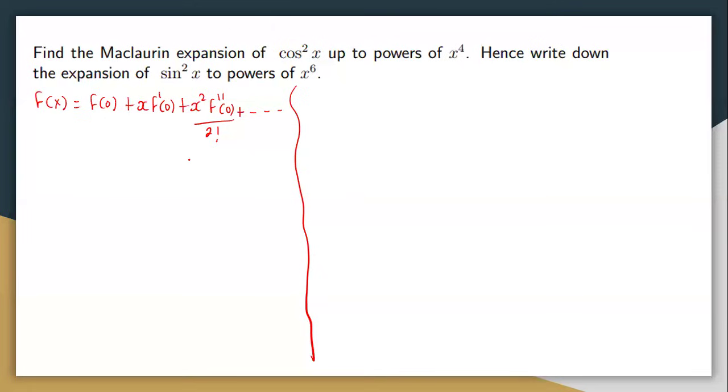The first approach is dealing with this function the way it is, that your function here is cos squared x. The second approach, someone can decide to say, my function of cos squared x is the same as cos x times cos of x. So someone can first obtain cos of x and then the cos of x, and then deal with that. Alternatively, if you are very good at differentiation, you can just go on the way with cos squared of x.